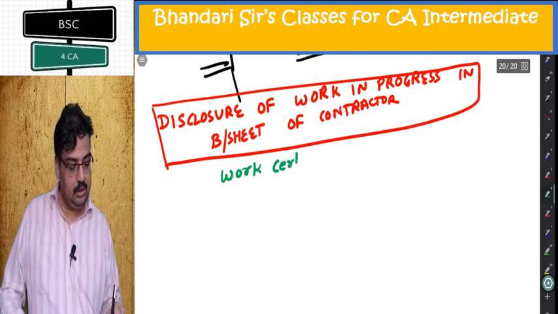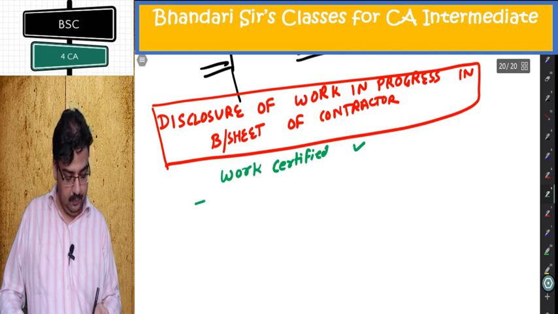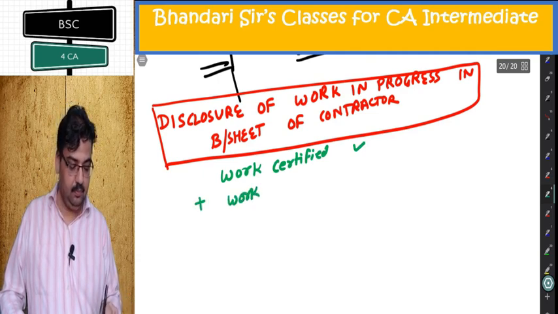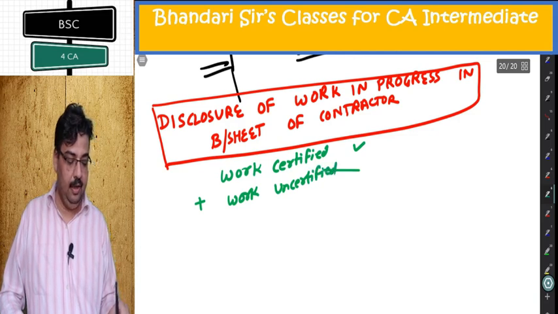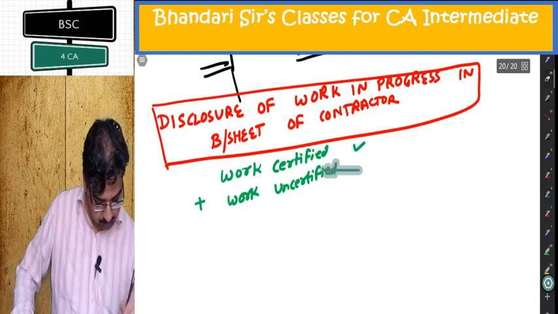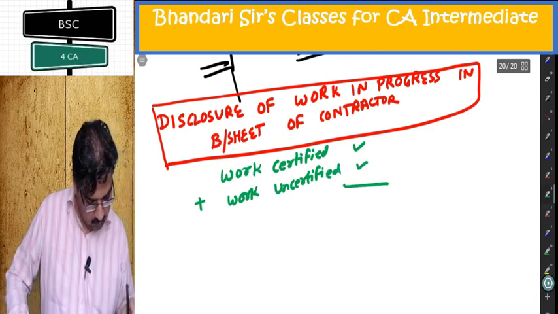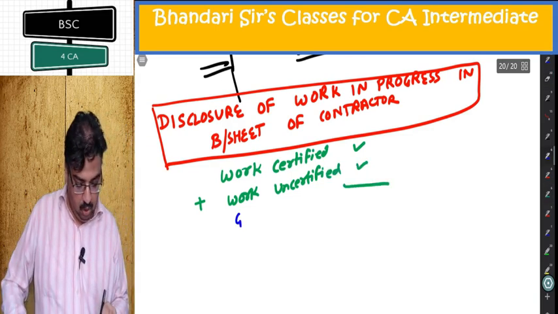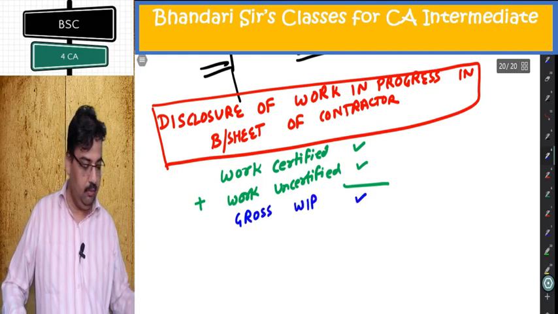We put work certified, add work uncertified, and what I'm getting is called gross WIP.